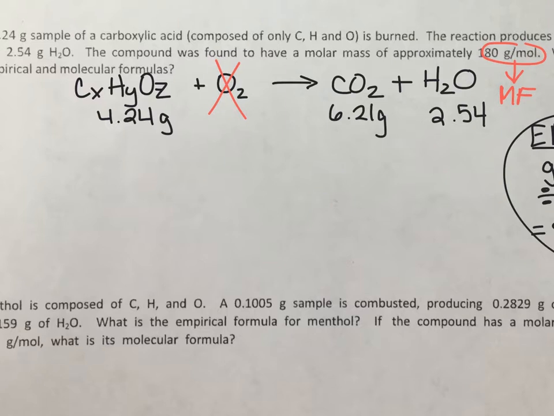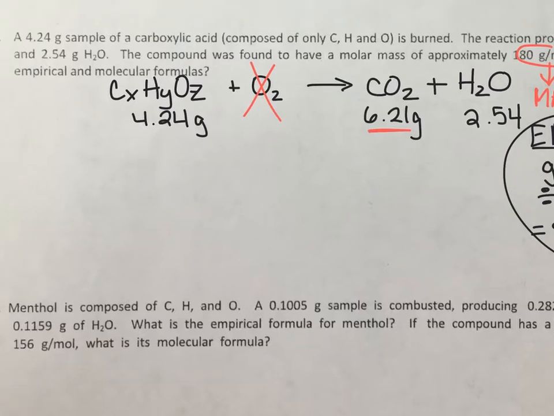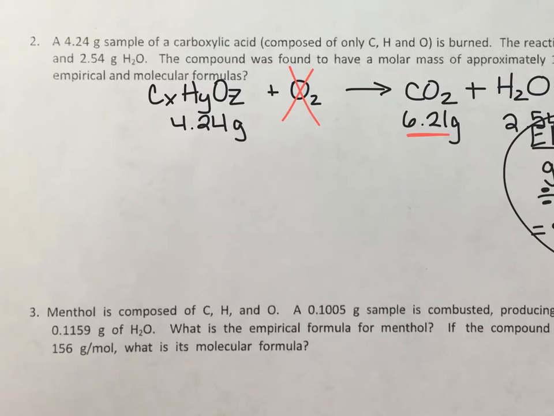All right. So we're going to start with some carbon dioxide, that guy right there. Our goal is that we need to somehow go from grams of carbon dioxide to grams of carbon. That's what we're trying to do right now.